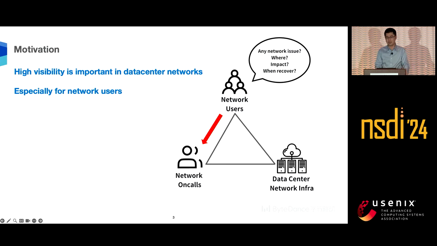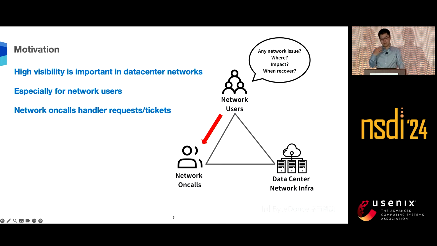In almost all big companies, they have a very good on-call or ticketing system. When network users face likely network issues, they turn to raising network on-calls or tickets. The network on-call people are normally network engineers, or what we call site reliability engineers.